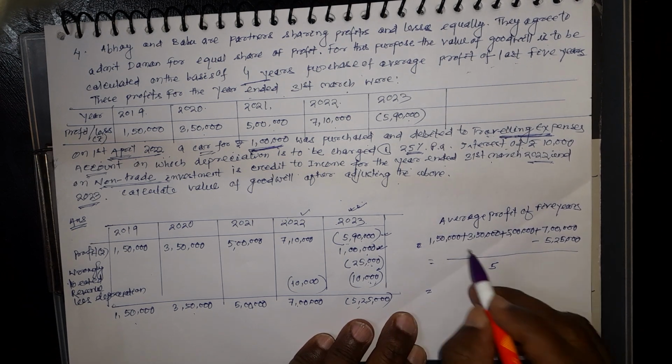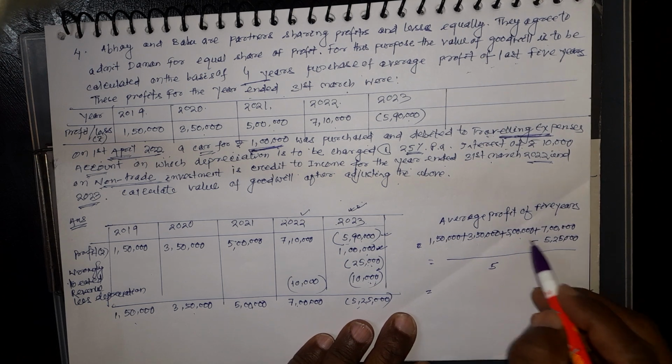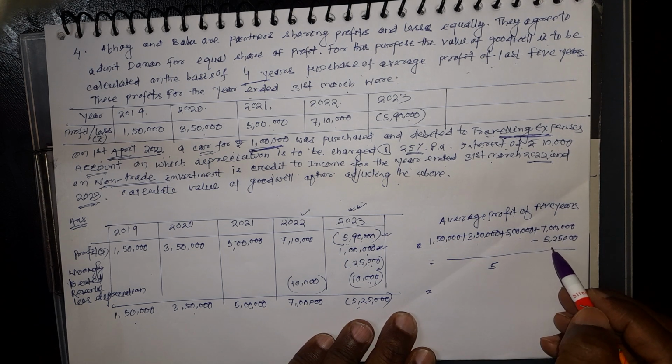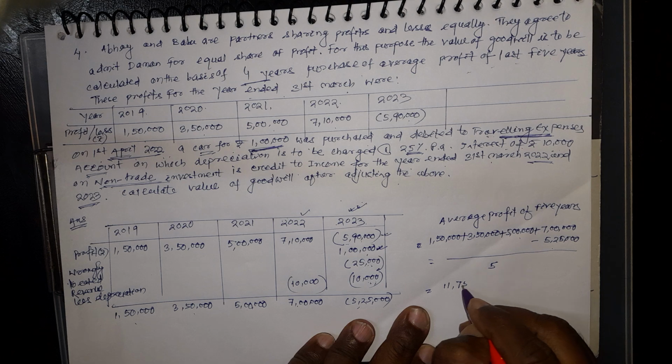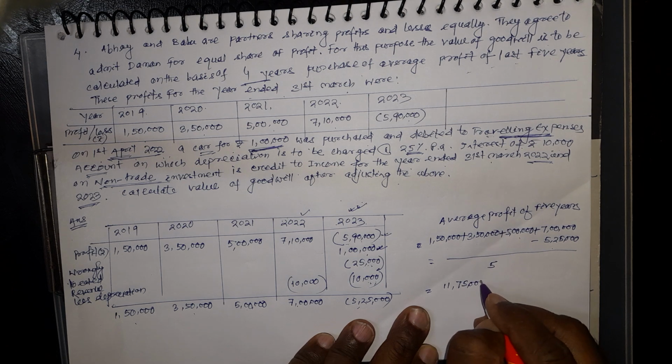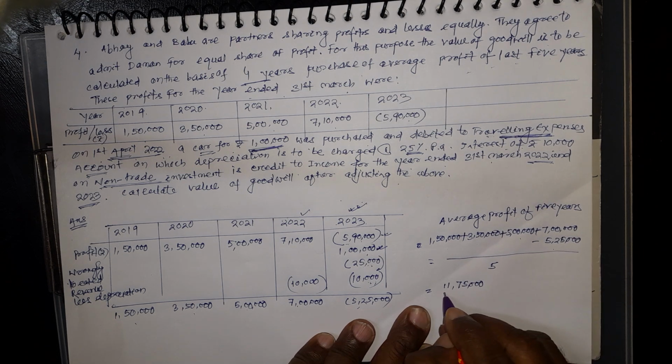Let me calculate it. 5, 10, 17, 17 minus 5 lakh 25, that means 11 lakhs 75,000. 11 lakhs 75,000 divided by 5.